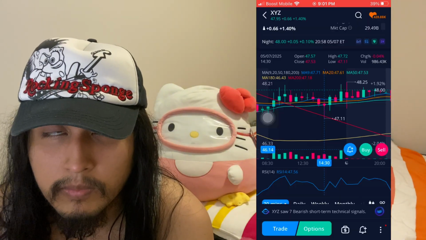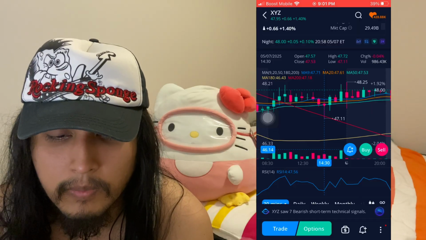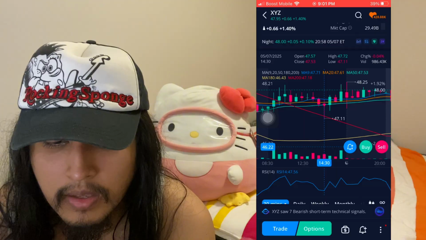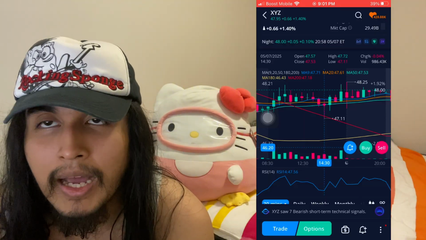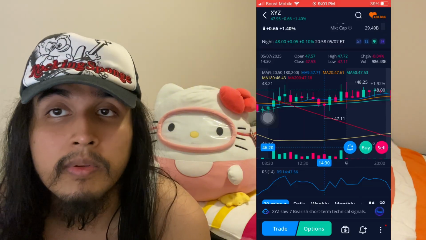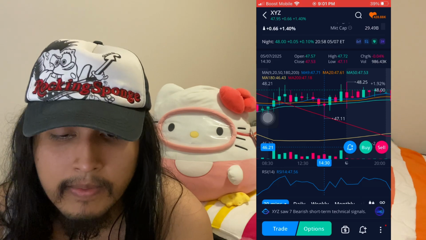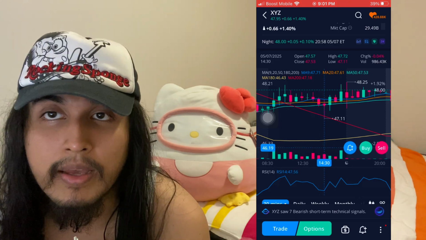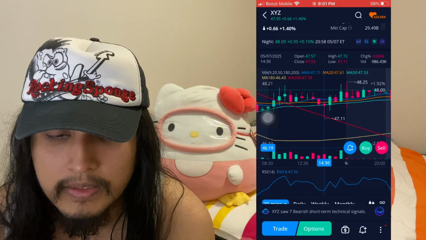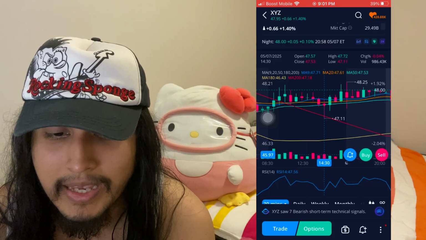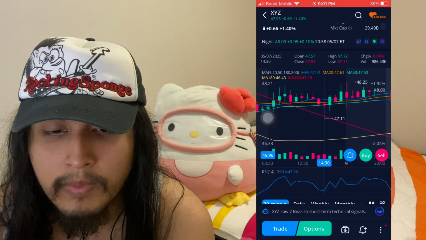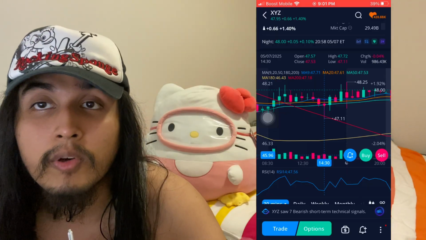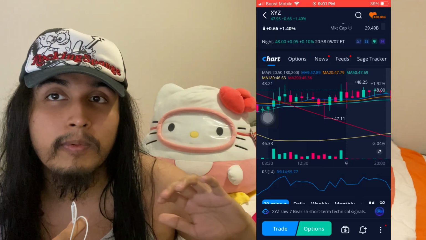Basically, what you would want to do is wait and see if it can approach the 200-day moving average. If that does happen, right, I would buy another couple of XYZ call options. That way, in case XYZ decides to rebound and use the 200-day moving average as support, then when XYZ decides to go up, my position will be in the green a lot faster than where I originally started.